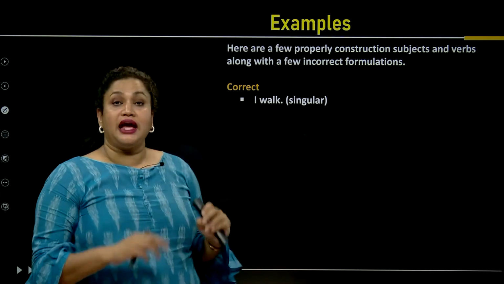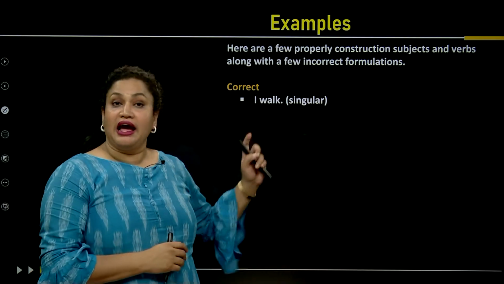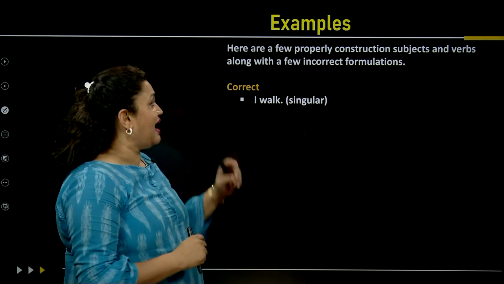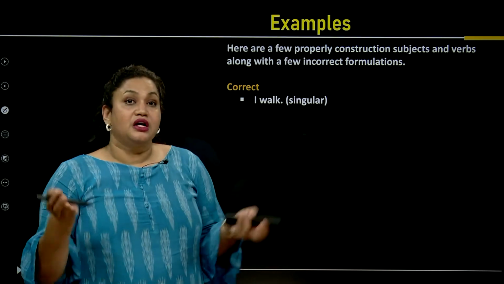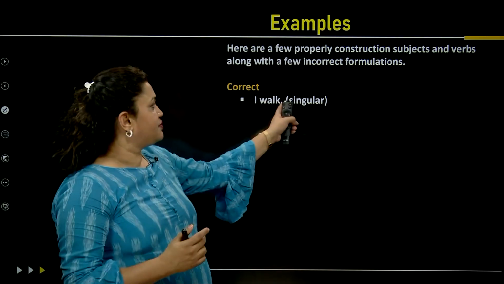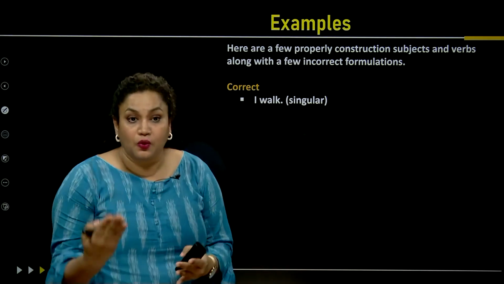In the first person and the second person you will have walk, and in the third person singular you will have walks. So whenever you have a third person singular, you will always have to use the verb walks.